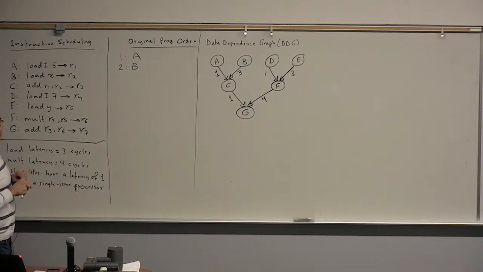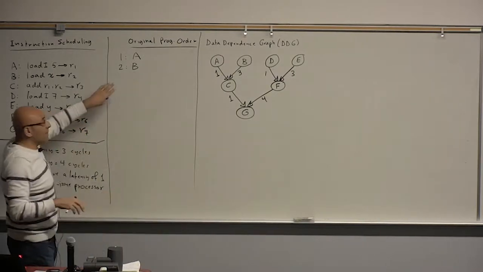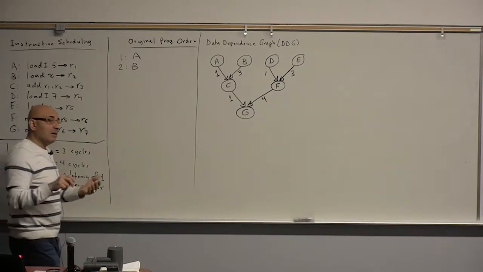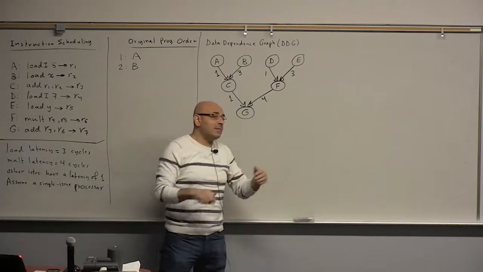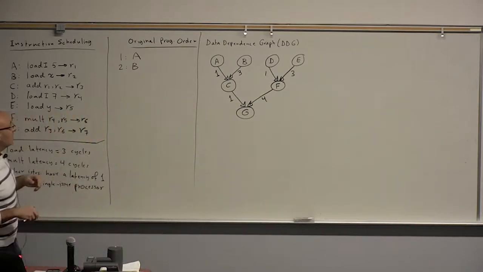Okay. So now, given this data dependence graph, and again this is simulation. So the compiler now is simulating what will happen. It's trying to estimate the number of cycles that are needed to execute this stream of instructions. We're not actually executing the instructions.